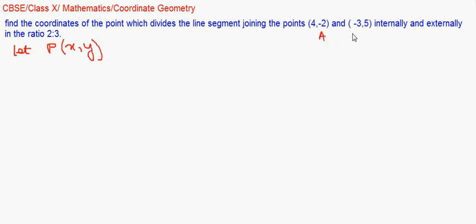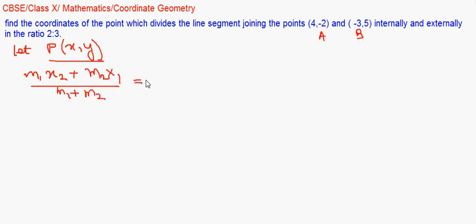Maybe I give this as A, B. We have to find this. Let us apply the formula which is internally dividing AB as (m1 x2 plus m2 x1) by (m1 plus m2).